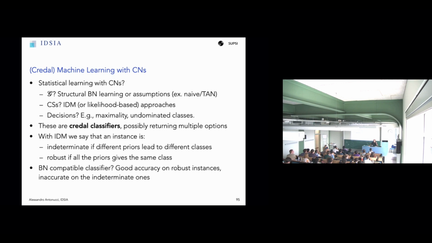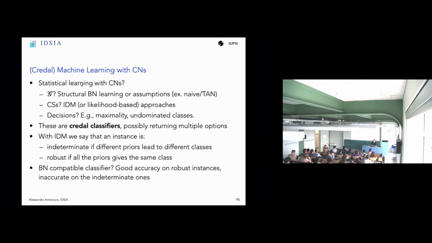This idea was historically the first one, and then it was sophisticated, so we considered more complicated topologies, more complicated models to have better classification tools, still based on credal networks. What do you have to do in practice?